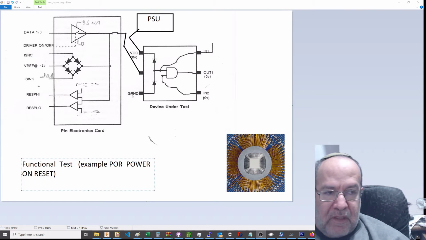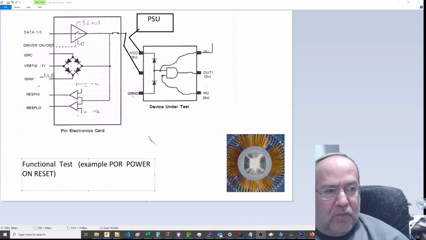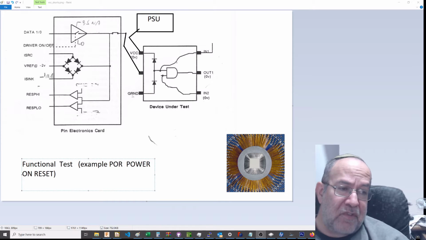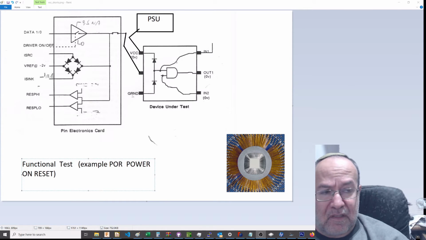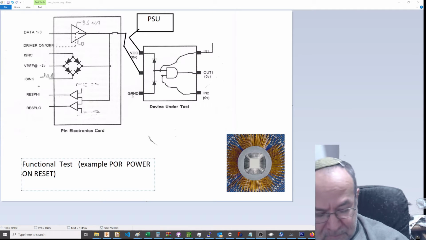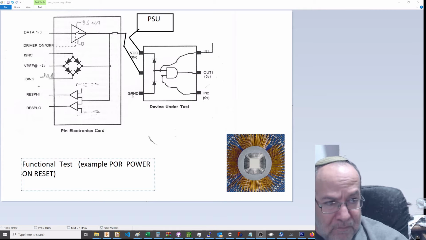Okay, the different topic is a topic called testing versus verification. Okay, when a device is designed, you have a team that creates an environment around the device for verifying the device in software.